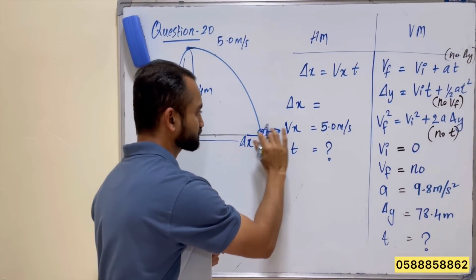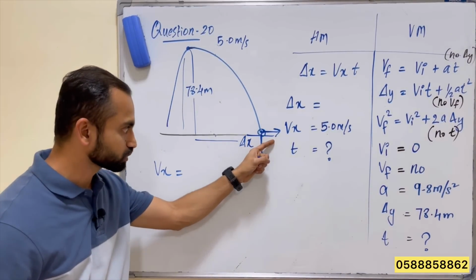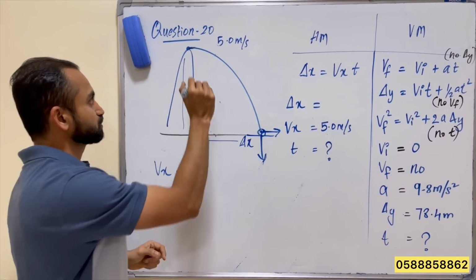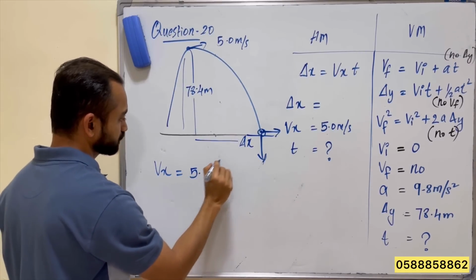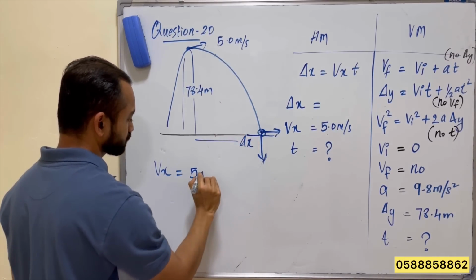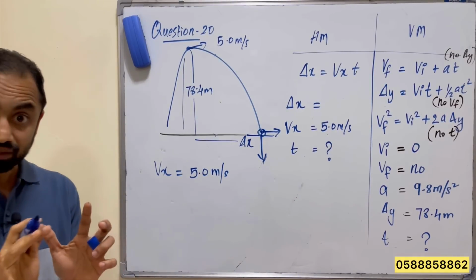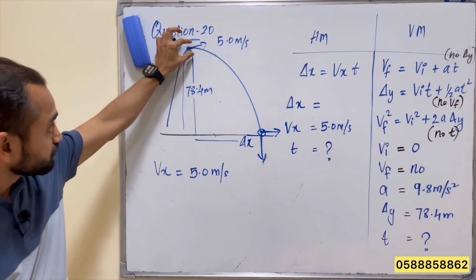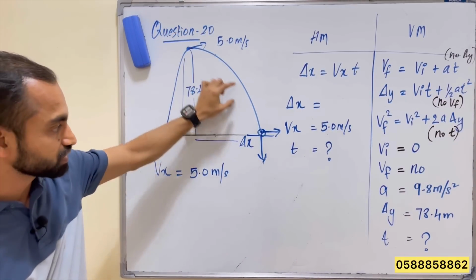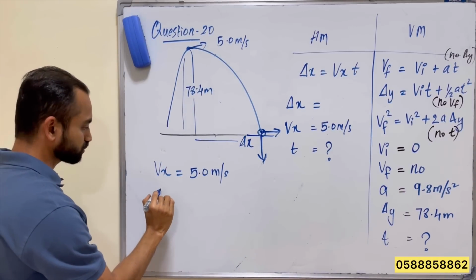Horizontal velocity will be constant throughout the motion, equal to the initial velocity, 5 meter per second. So the final horizontal velocity is also 5 meter per second, because the horizontal velocity of a projectile never changes.